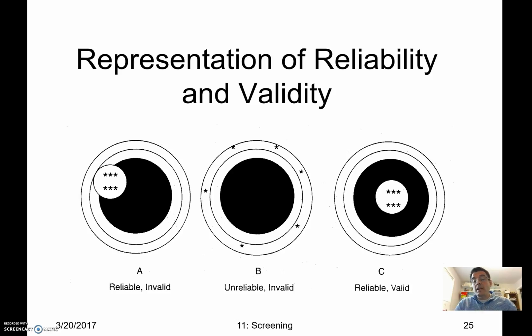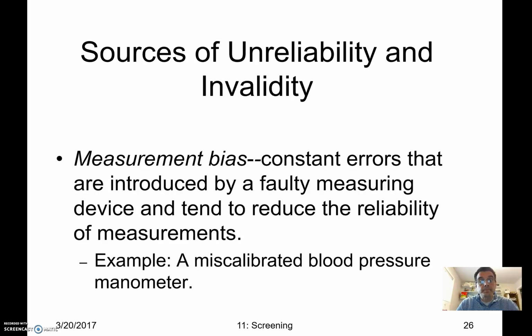And then last but not least, you have a test that is reliable as well as valid. So it's not possible to have a test that is valid but unreliable. Okay? If you have questions about that, I'd be happy to talk more with you one-on-one.